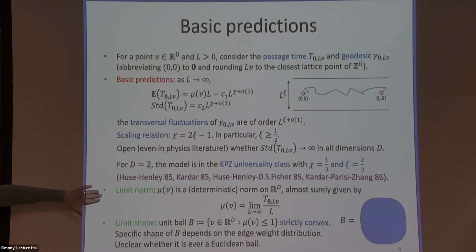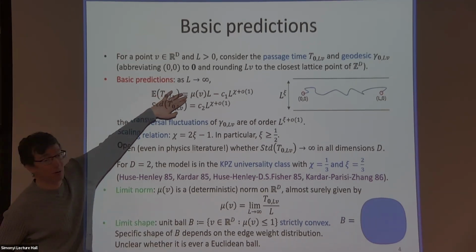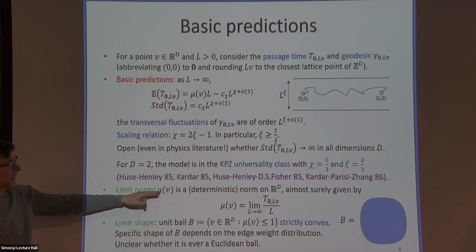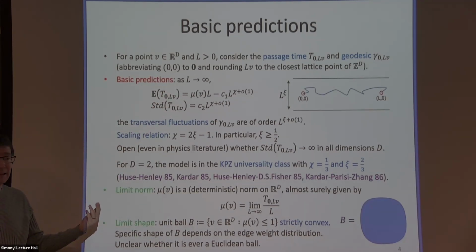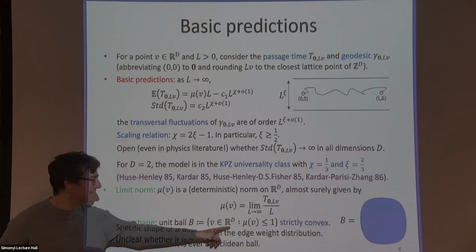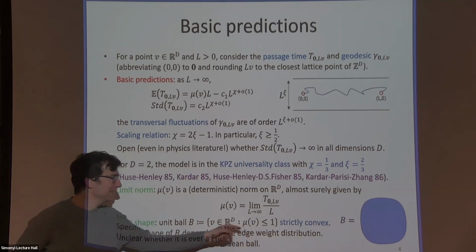And then let me also return back to the law of large numbers, to the first order of the length. Then this mu of v, as we said, depends on direction. A nice way to visualize mu of v is to consider all the places in space where mu of v is less than or equal to 1.